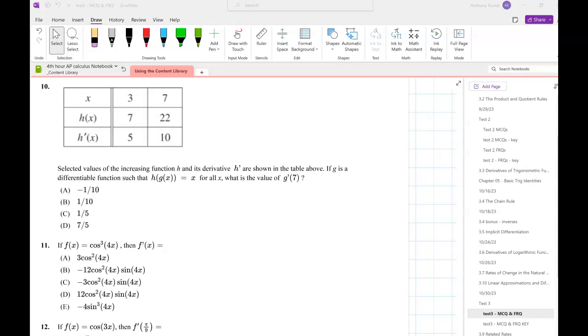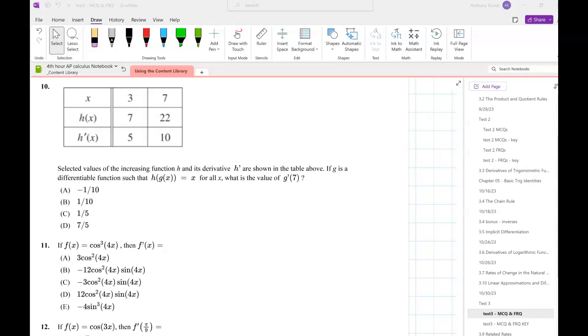Now here's the tricky part. I have g prime of 7 is equal to 1 over h prime of g of 7. What the heck is g of 7? It's not in my table. All I have are h and g. So what we want to do is we observe that h of 3 is equal to 7. That's in my table.